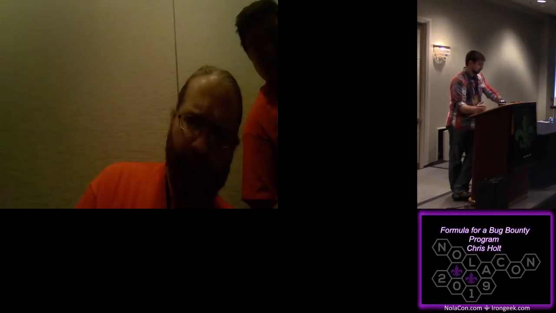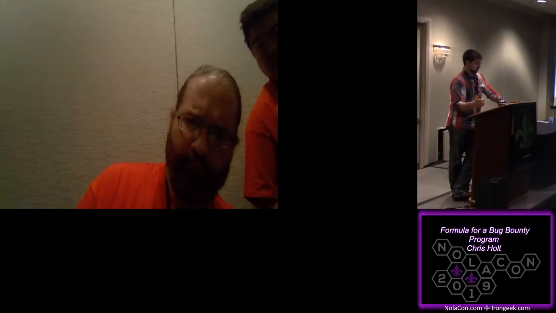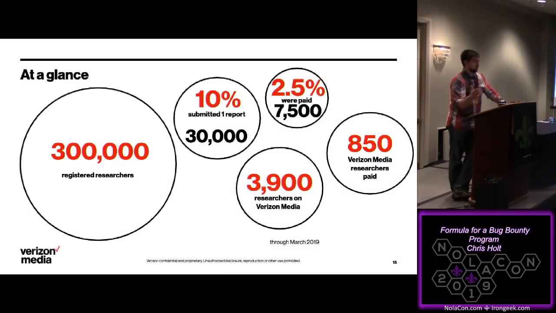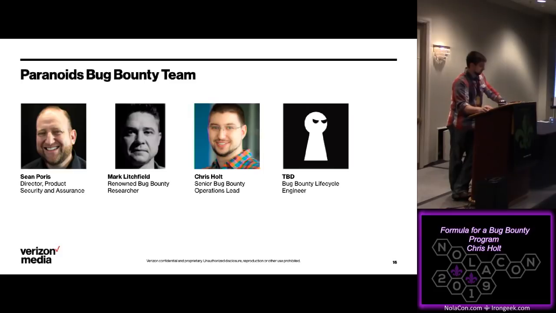But that also means that 13% of the people that participate in bug bounty have worked with us, and 11% of the people that have been paid have been paid by us. So if you consider that we are one program, and there's hundreds and hundreds of other programs out there, we're a pretty large chunk of it.